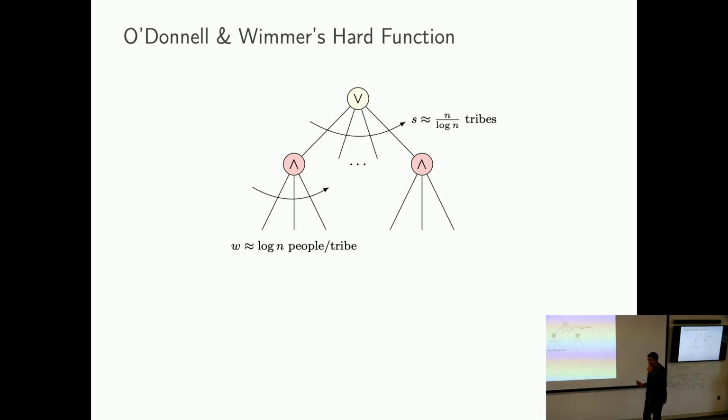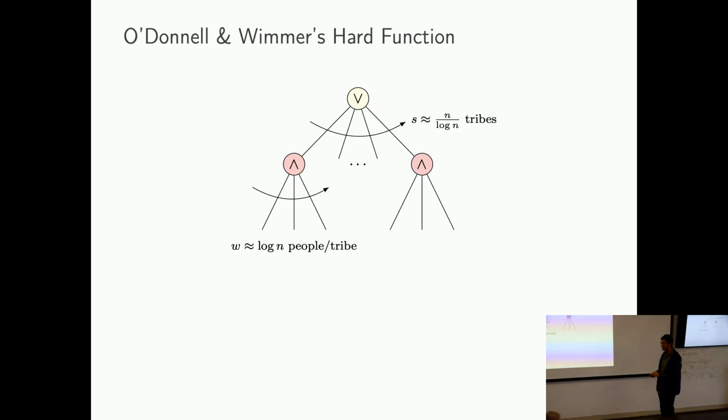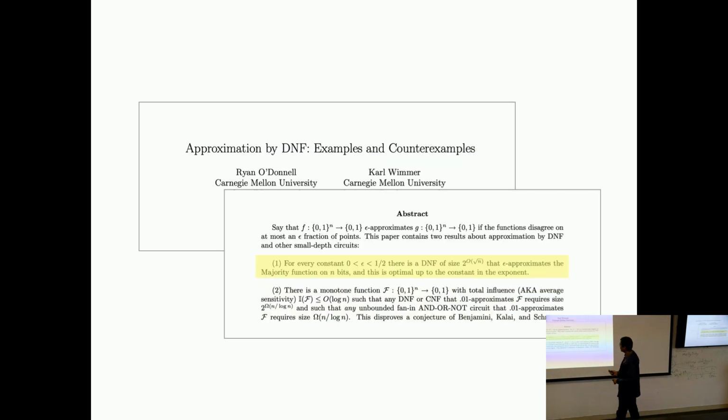So in the paper they do everything for DNF approximators of CNFs. In this paper, they're fixing CNFs and they're showing that approximation by DNF is hard.